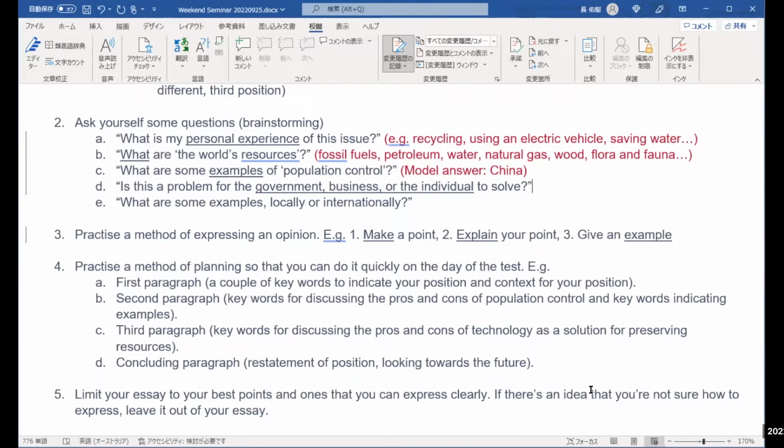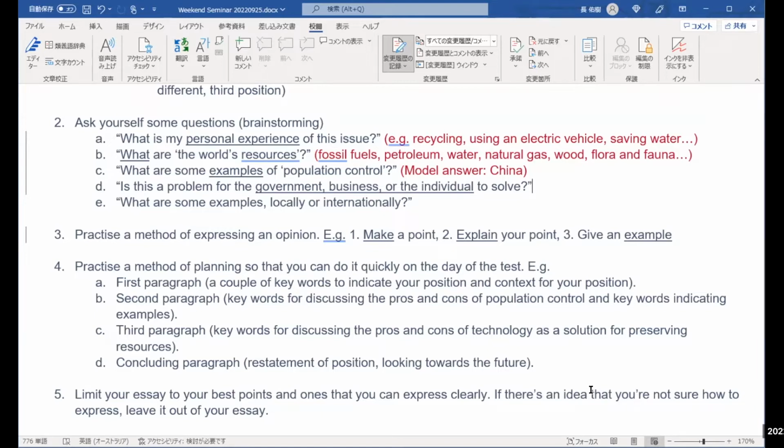Maybe we should rely on particular types of plumbing in cities, for example, or reusing wastewater. So having a method of making a point and then supporting your point, explaining and then giving an example is very important. And we will see in our model essay today a good model of how to do that.